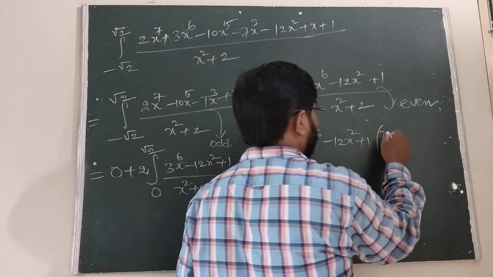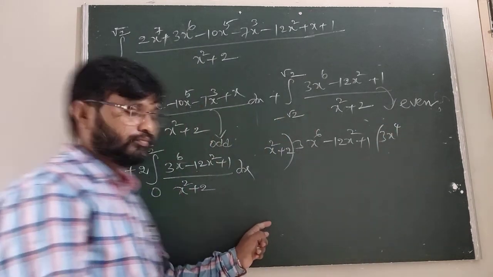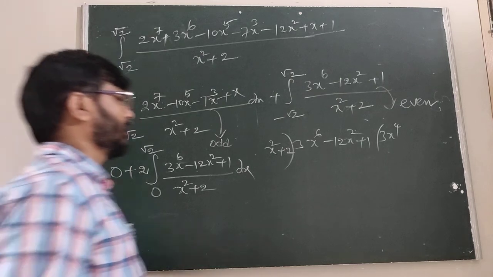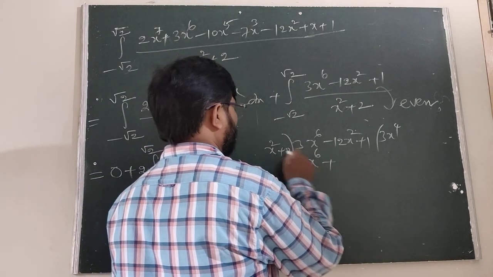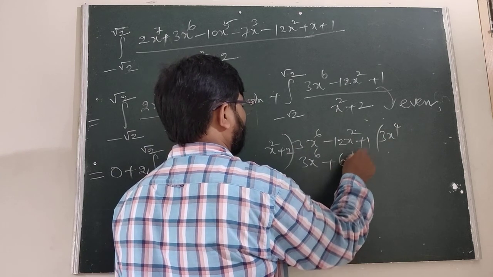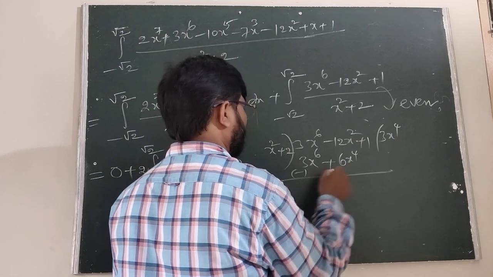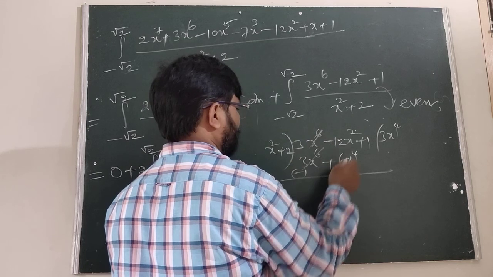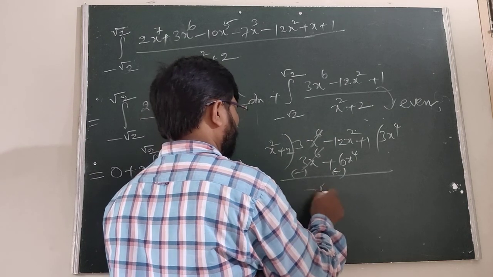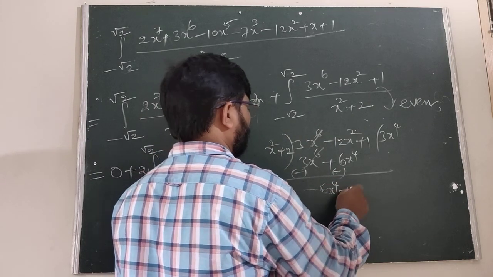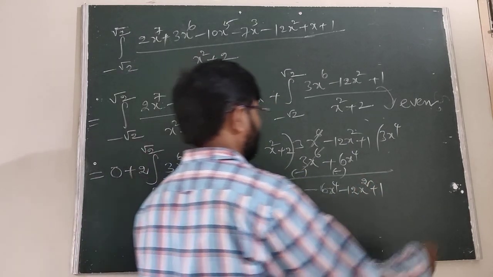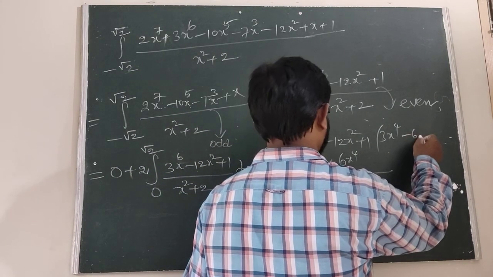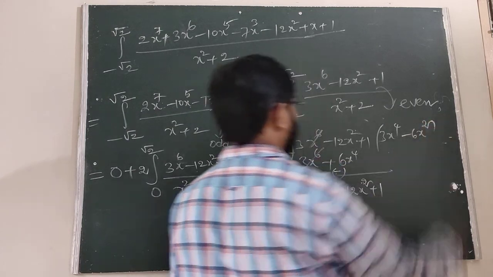This is 3x power 4. Now multiply with 3x power 4. This is 3x power 6 plus 2 times 3, which is 6x power 4. This is minus. These are cancelled. Now we got minus 6x power 4 minus 12x square plus 1. Now this is minus 6x square.